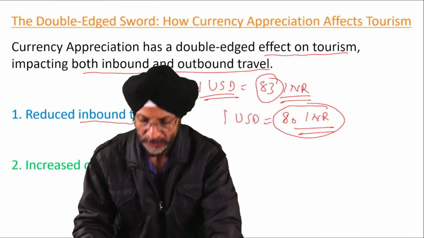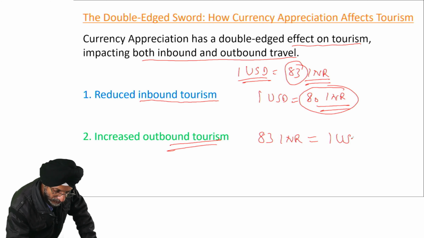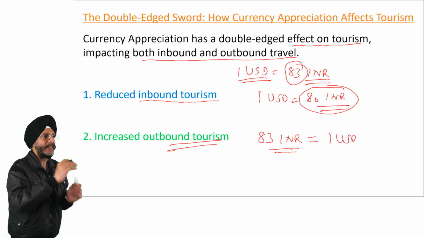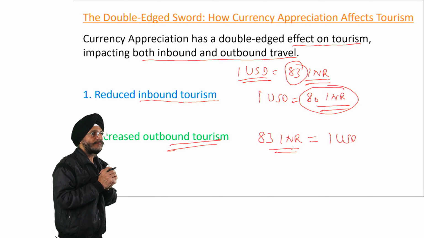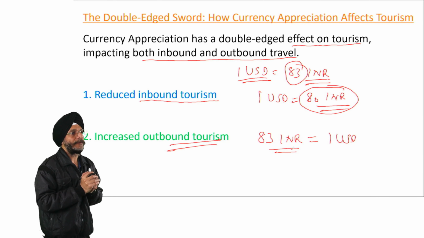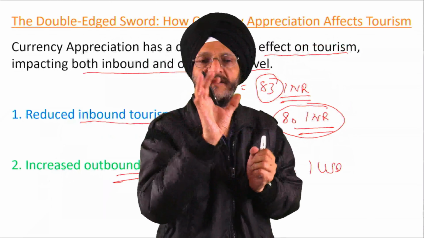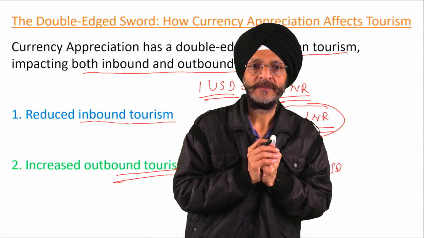How does it happen? Suppose at present 83 Indian rupee is equal to 1 US dollar. So if an Indian wants to go abroad, say USA, to get 1 US dollar, he will have to pay 83 rupee.